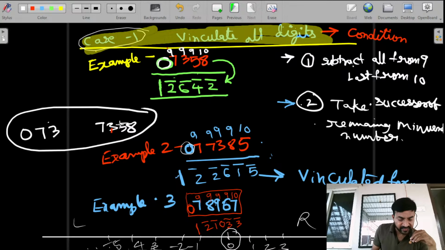So this is the case where you have to vinculate all digits.